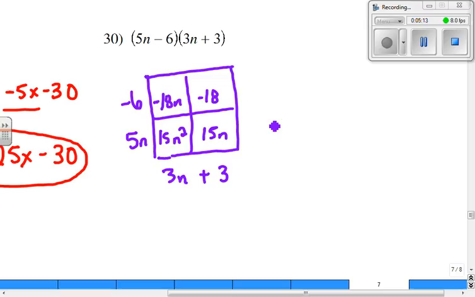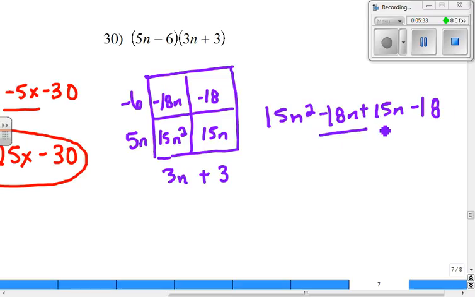Okay, so let's write the insides. We have 15n squared minus 18n plus 15n minus 18. We need to combine our like terms here.